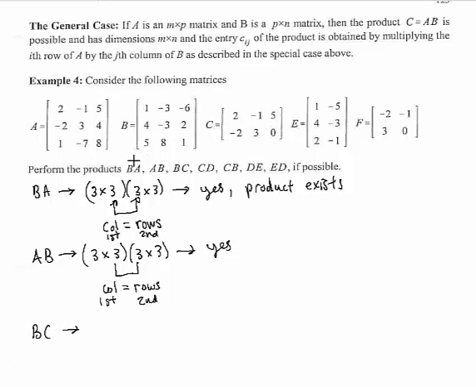What about BC? I'll put a check mark up here so we'll know which ones we can calculate. BC, well, we have a 3 by 3 as the dimensions of B, 3 rows, 3 columns. And C is, let's see, 2 rows, 3 columns. And these don't match. The columns of the first do not equal the rows of the second matrix.